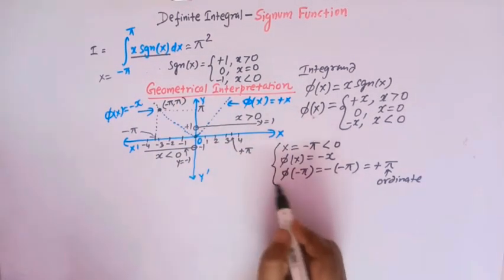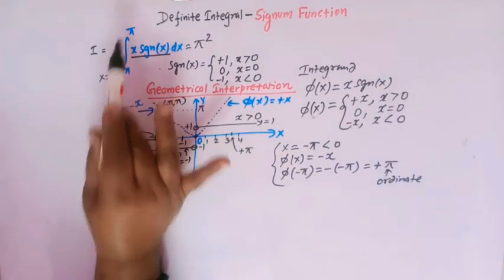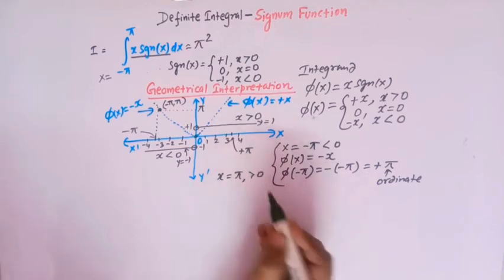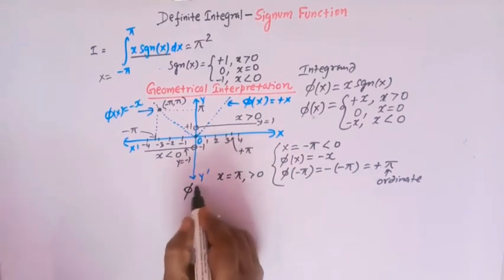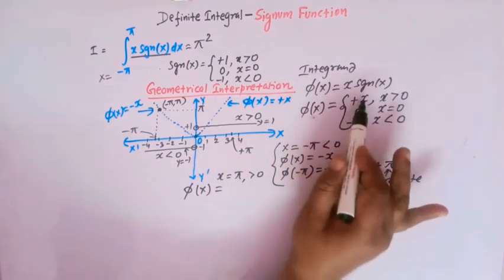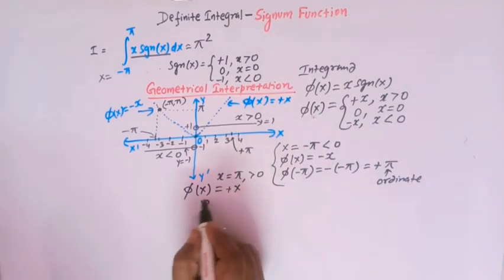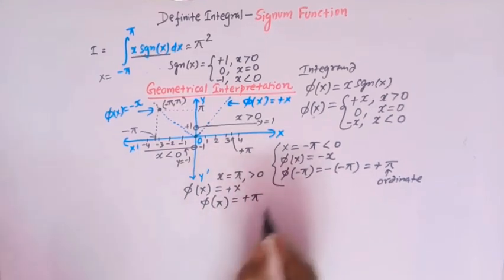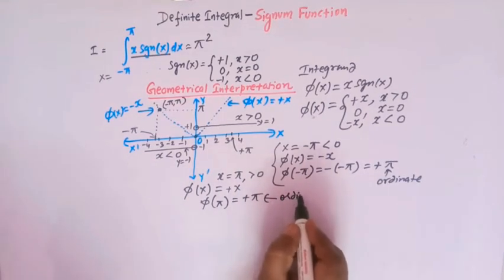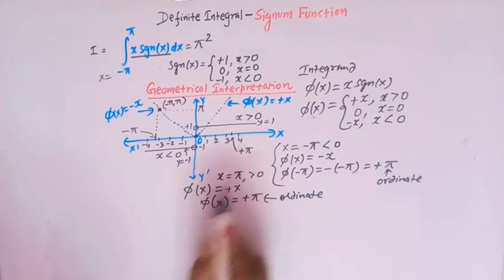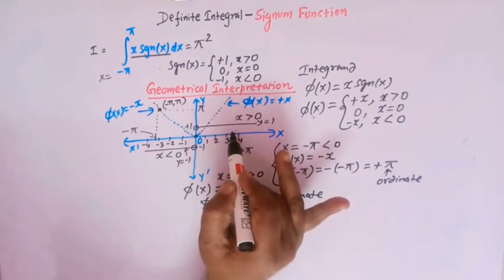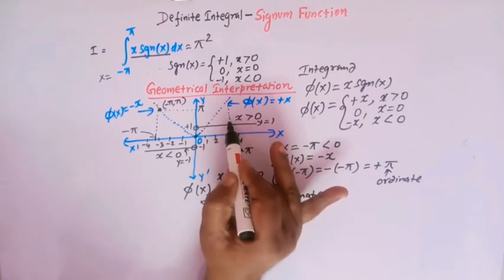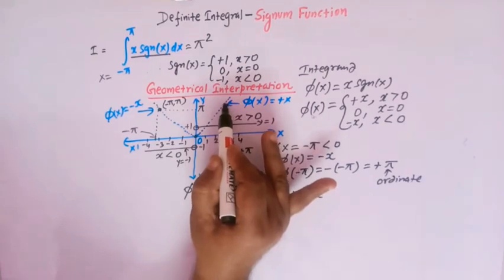Now when x is equal to pi, which is greater than 0, then phi of x is equal to plus x, and phi of pi is equal to plus pi. So this is the ordinate when x is equal to pi. So here we have plus pi, so we will have a line like this, and we have this point.